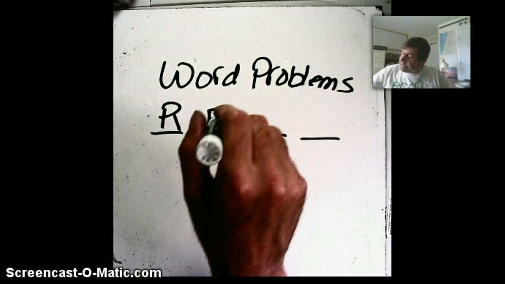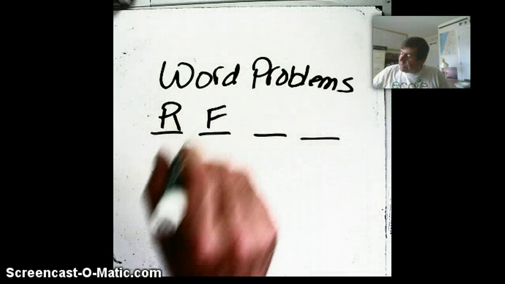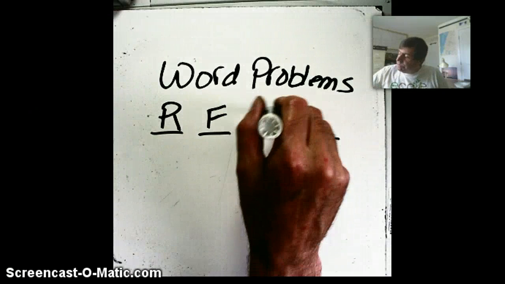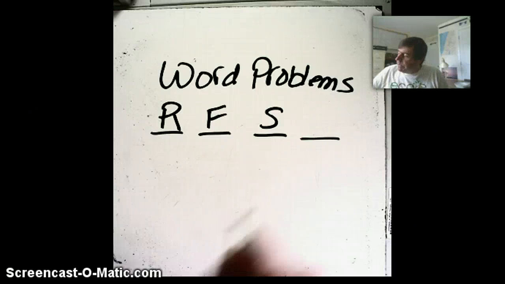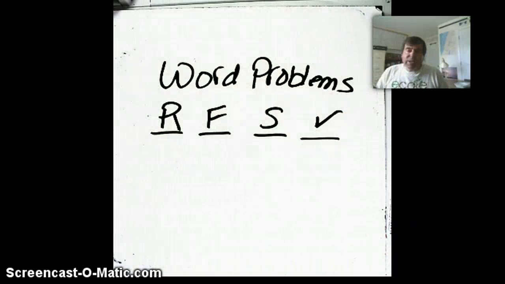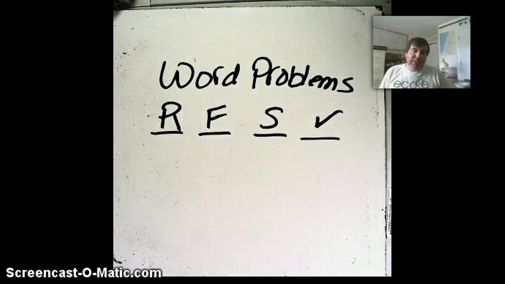So facts and equation. Then you're going to solve the equation. Now, solving the equation is very important, and with your practice in this unit, it will help you out. But the last thing to do is I would check it. See if it makes sense. That's very, very important.